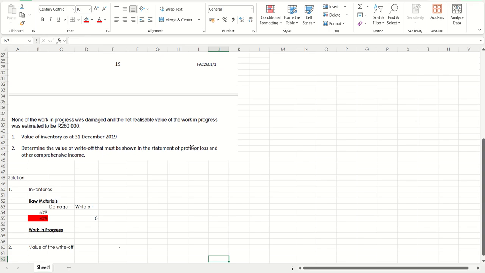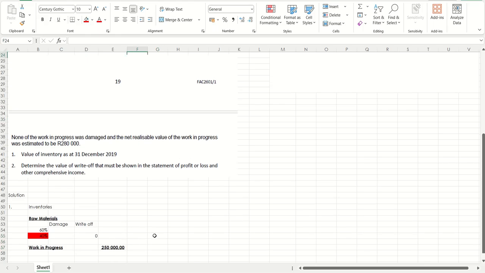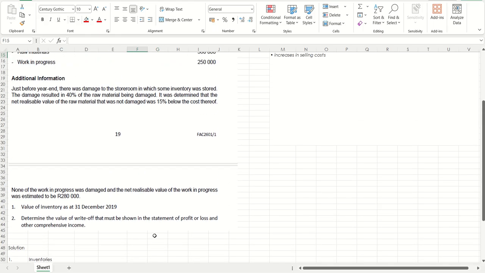Since the work in progress was not affected in our scenario, we can go right out and say that the work in progress will be the 250,000, because there was no trigger for it to be written down.